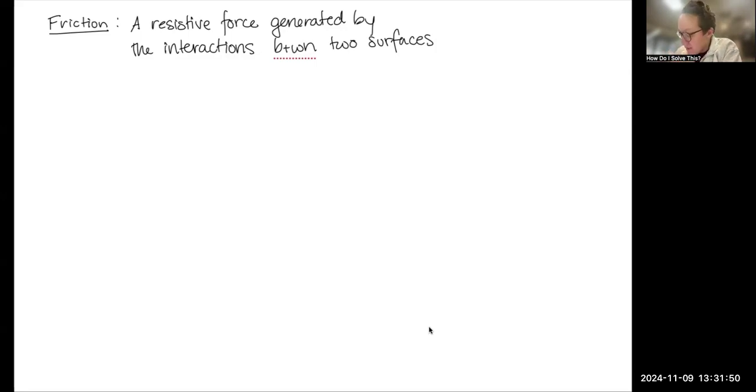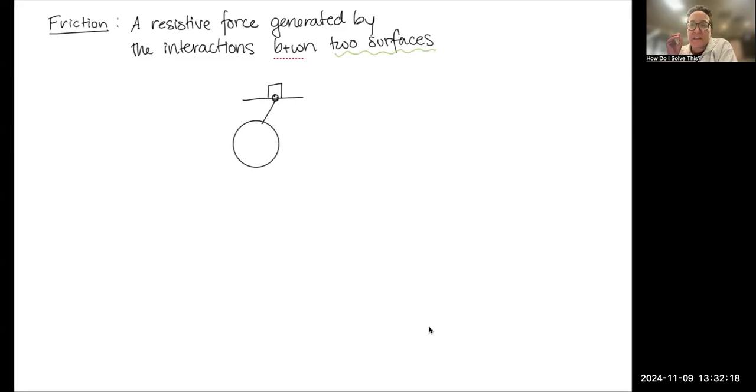And so we're going to think about, when a box is on a surface, what we are thinking about here are those two surfaces that are interacting. And specifically, we're thinking right here, if we zoom in on those two surfaces, what's going on?